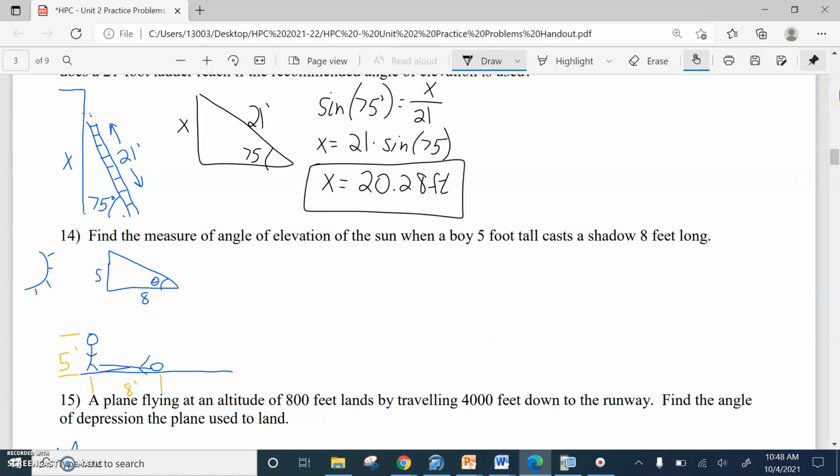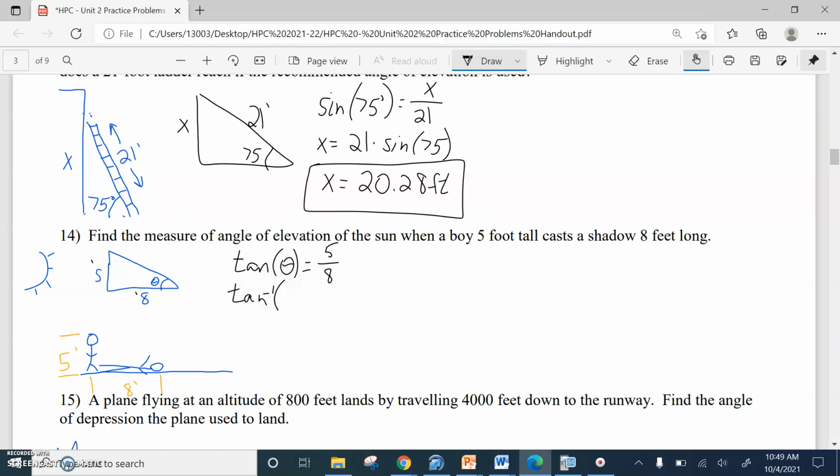Well, the trig function that gives us the opposite and the adjacent sides would be tangent. So we're going to set this up as tangent of our unknown angle theta is equal to 5/8. To undo the tangent and get theta by itself, we take the tangent inverse, the arctan.